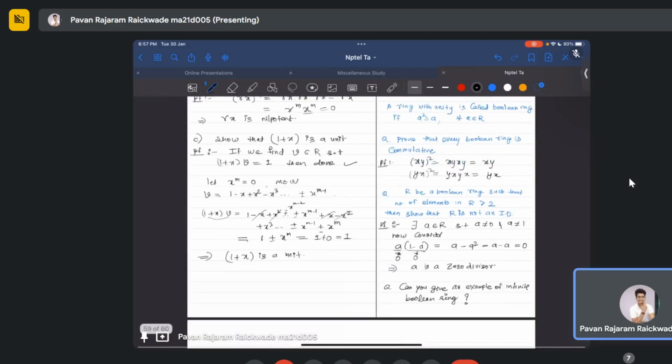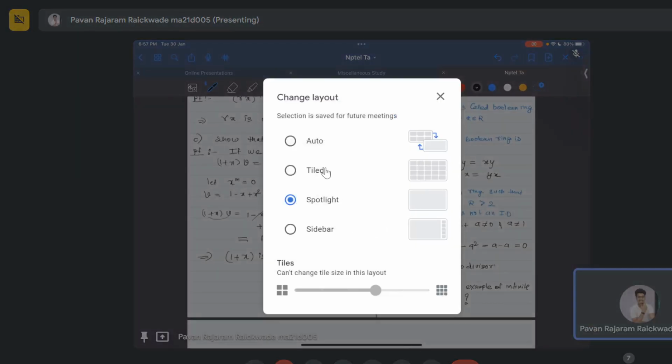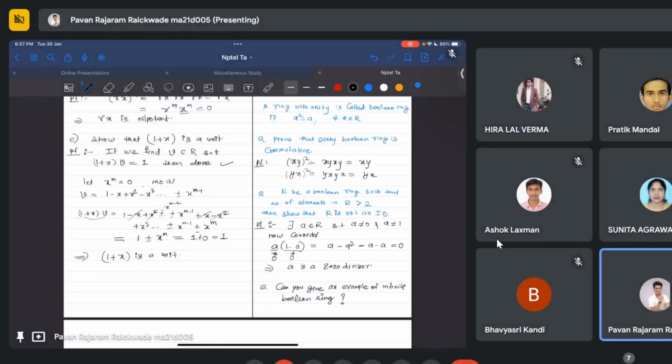Yes, can anyone think of a ring which is a Boolean ring and infinite? Have you heard about the power set of natural numbers?